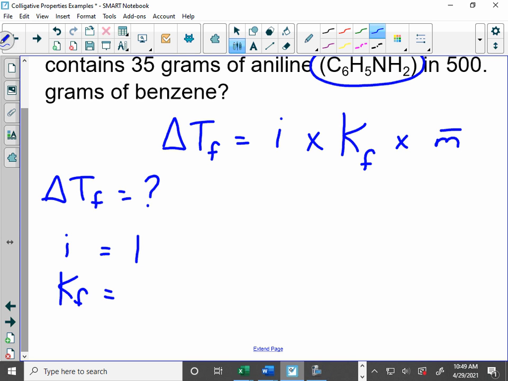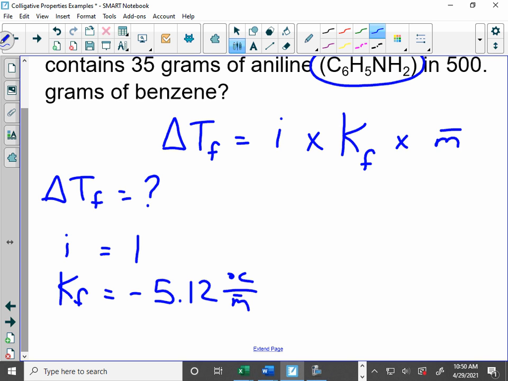We call it the freezing point depression, don't we? So the freezing point is going down. So we put that value as a negative value. So it's negative 5.12 degrees Celsius per molal because it is going down. We left it positive for boiling point because it's going up.